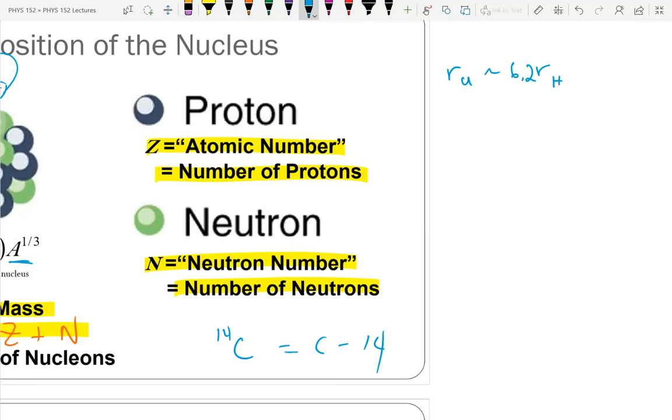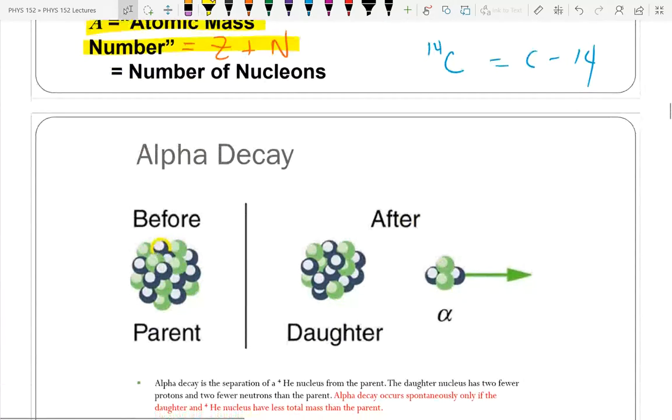So think about that: the radius of uranium, our most massive naturally occurring element, is only about 6 times the radius of hydrogen. The size of the nuclei are all very tiny. Now that's talking about the nucleus, not the electron cloud. But it's interesting to note just how small the nuclei are, even for the large atoms.